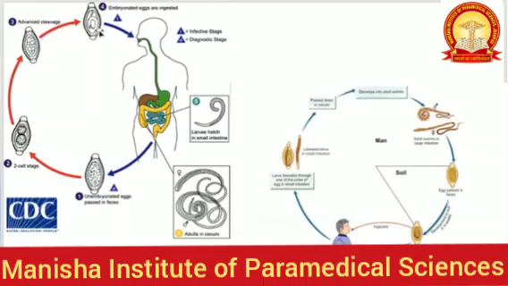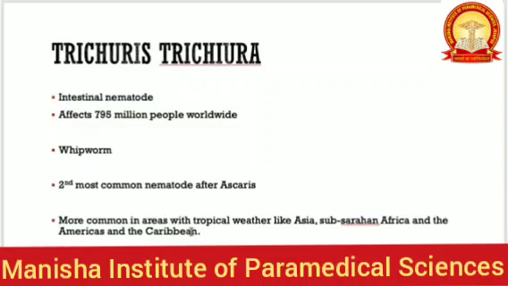Okay, so when anyone ingests these embryonated eggs, these are the infectious ones. The factors like high humidity and warm temperature speed up this process of embryonation, or the development of the embryo. So this explains what I told you here. This is more common in tropical weather.